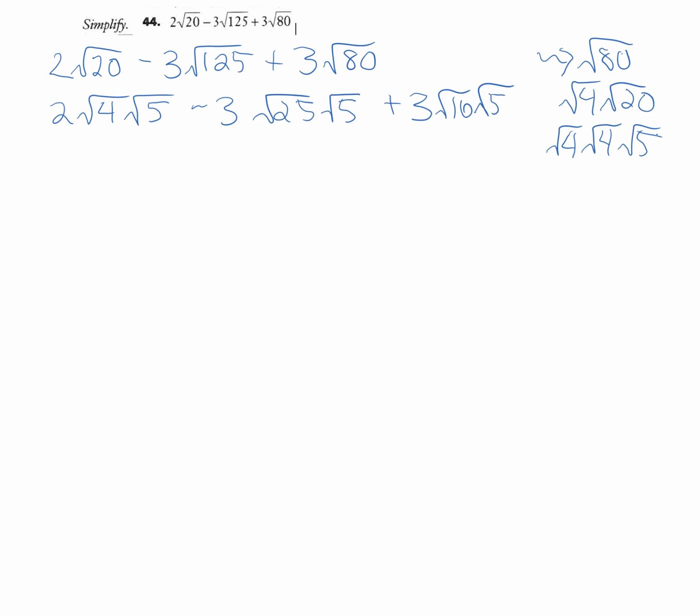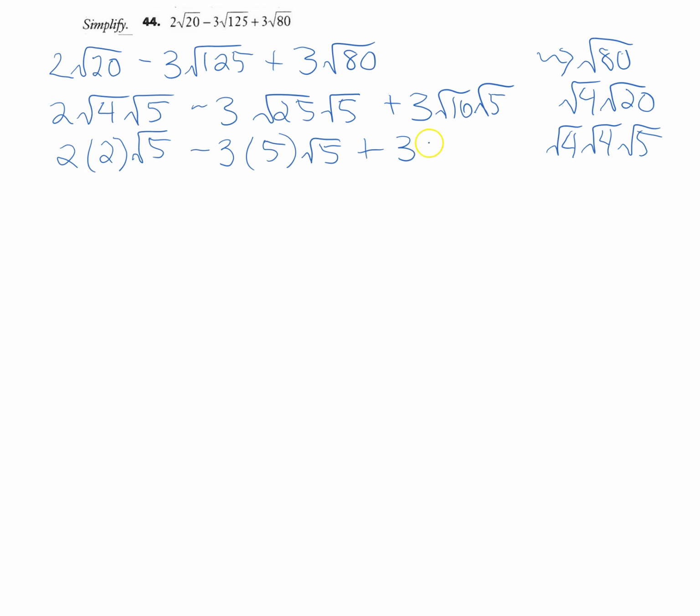So now I'm going to evaluate the square roots that are easy to see. So I get 2 times the square root of 4, which is 2. I'll keep my square root of 5. Minus 3, square root of 25 is 5. Keep the square root of 5.